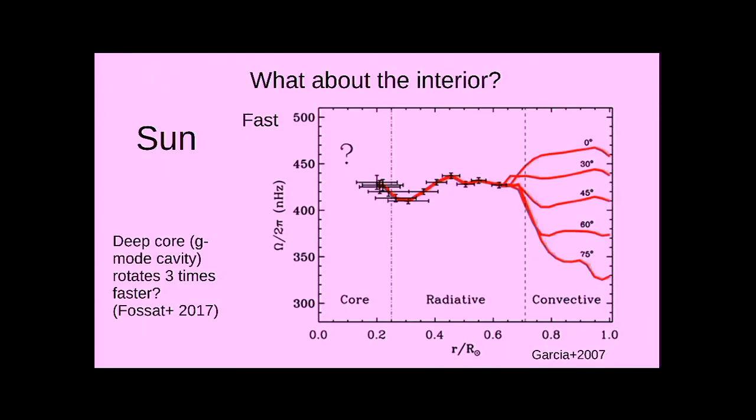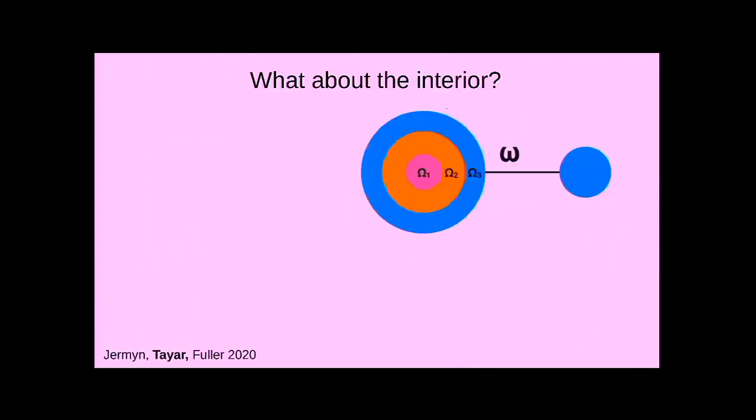There've been some arguments that maybe the core rotates a little bit faster. People have said that, and people have said the opposite, so it's a little unclear. While we can't measure these sorts of things directly, we can, however, put constraints.